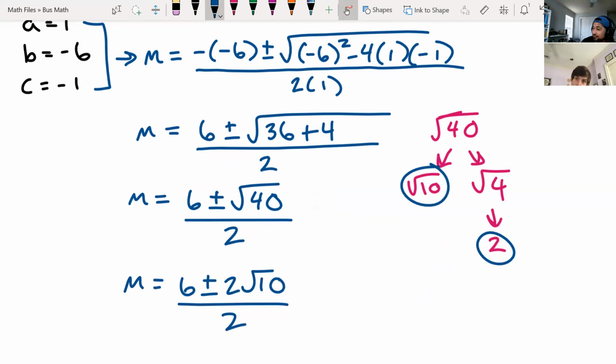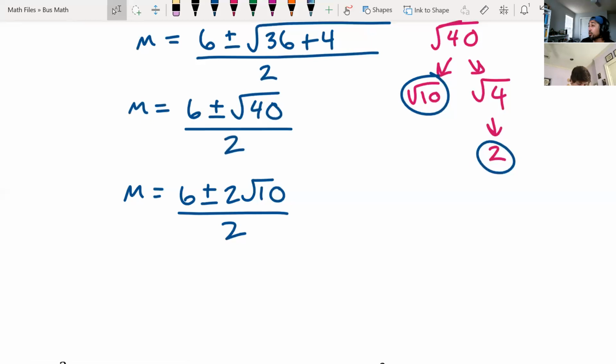Oh, man. All right. Almost there. Now you will just reduce everything by 2. You'll do 6 divided by 2 and 2 square root of 10 divided by 2, which means our final answer is 3 plus or minus the square root of 10.